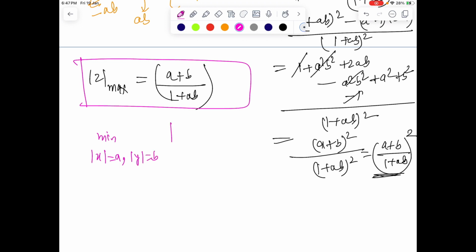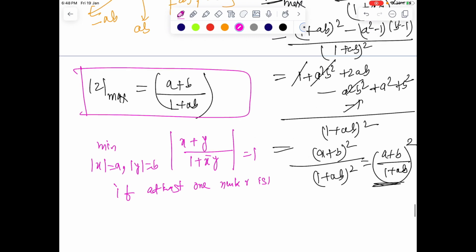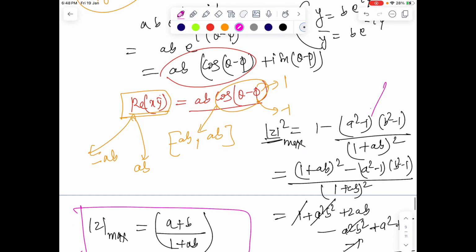So the minimum of mod of x plus y by 1 plus x bar y, with mod x equal to A and mod y equal to B, will be 1 if at least one of the numbers is 1.